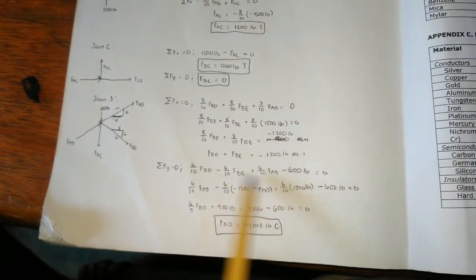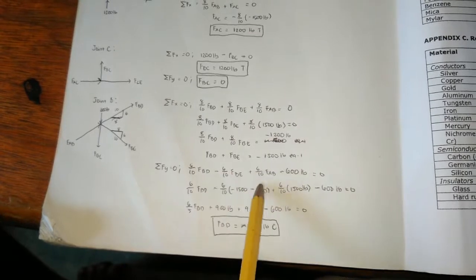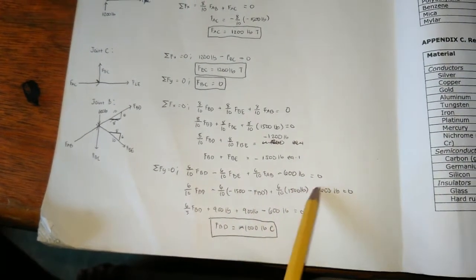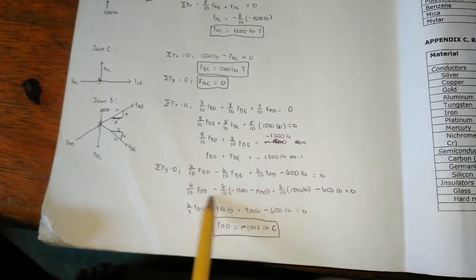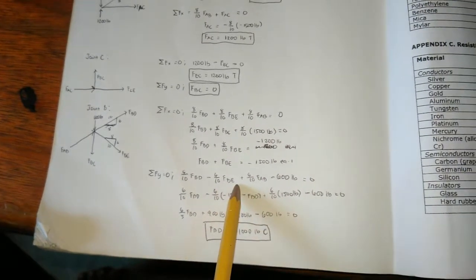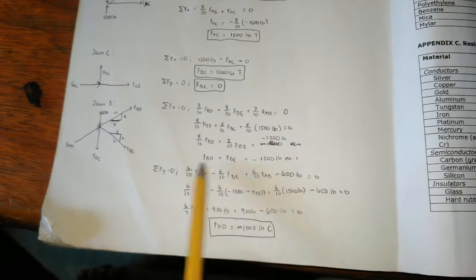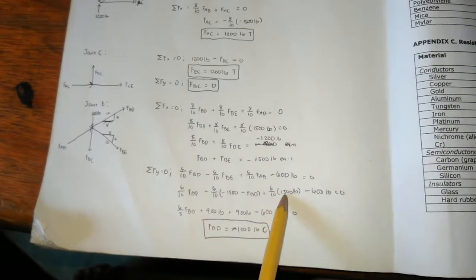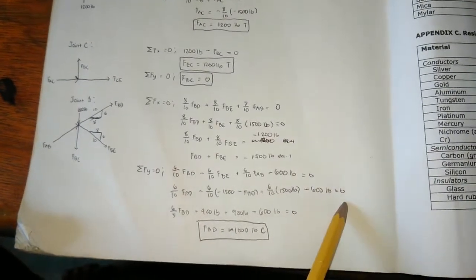In solving for the summation of force in Y, we are going to substitute equation 1 into equation 2. So we have 6 over 10 FBD minus 6 over 10 FBE plus 6 over 10 FAB minus 600 pounds is equal to 0. We substitute FBE with negative 1,500 minus FBD from the previous equation, then plus 6 over 10 times 1,500 pounds minus 600 pounds is equal to 0.